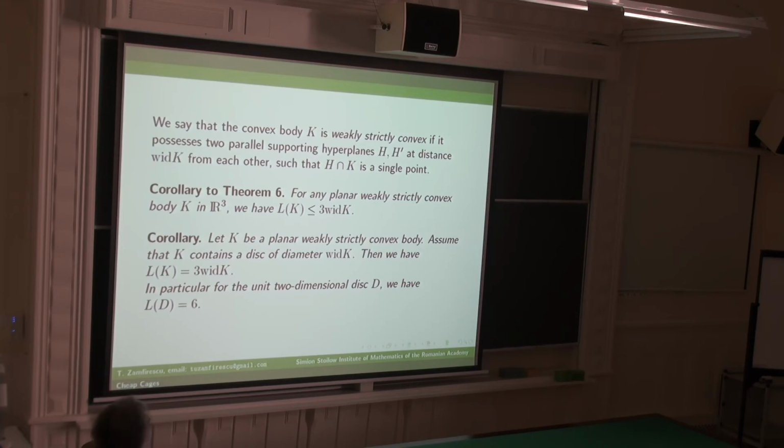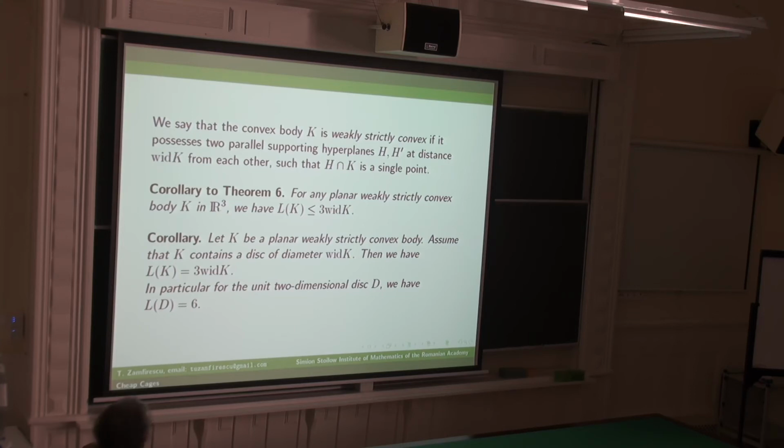We have another corollary. If K contains a disk of diameter width of K, this is not guaranteed, but if it is the case, then we have that L of K is exactly 3 times the width of K. And this solves the problem for the unit 2-dimensional disk, because the unit 2-dimensional disk satisfies this condition.